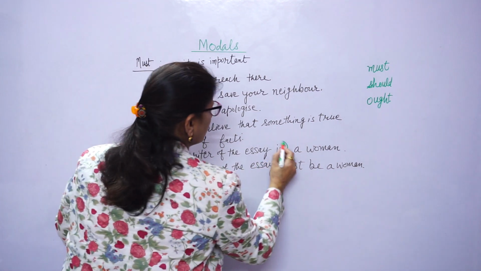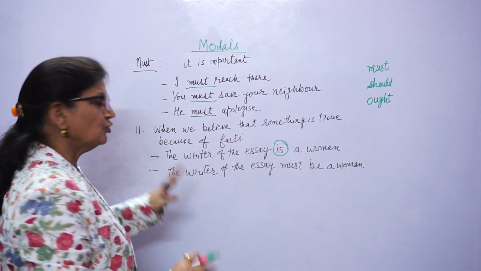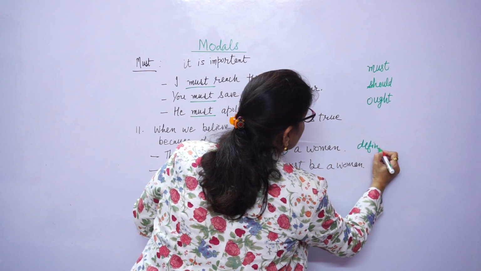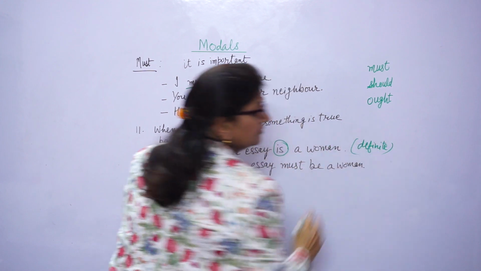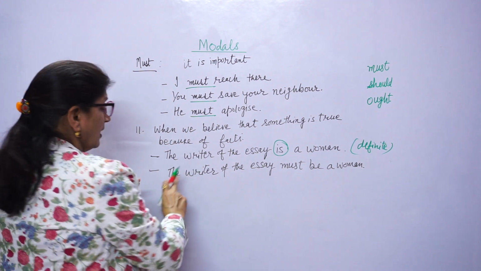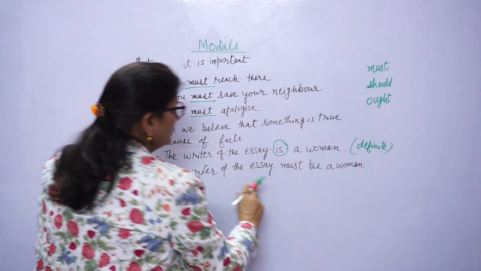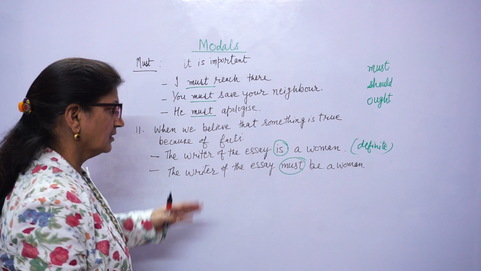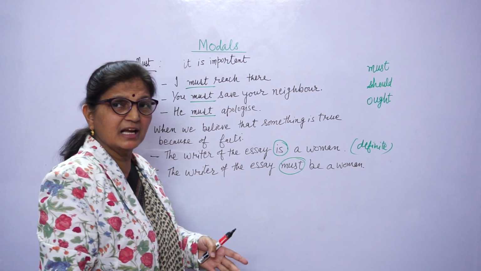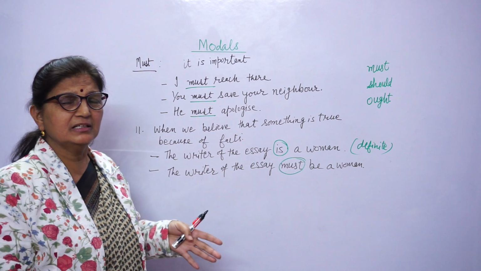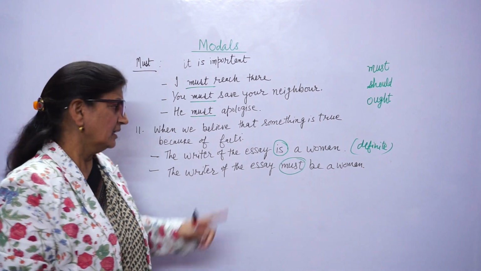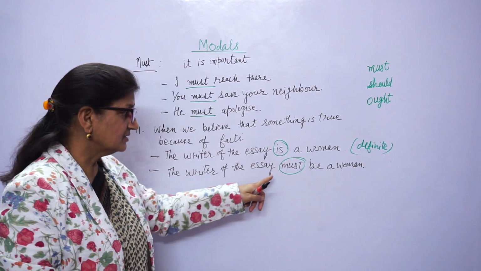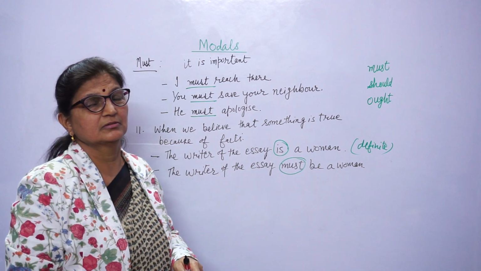If you use is, it means you are definite, definite that the writer of the essay is woman. You know. But if you use the writer of the essay must be a woman, what's the difference? Either because of the handwriting or because of the content, you have come to the conclusion that the writer of the essay is a woman. In that sense, you will use must.